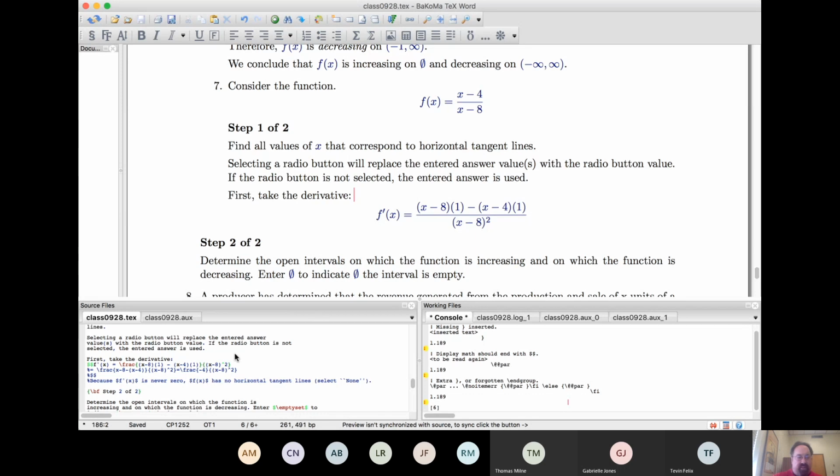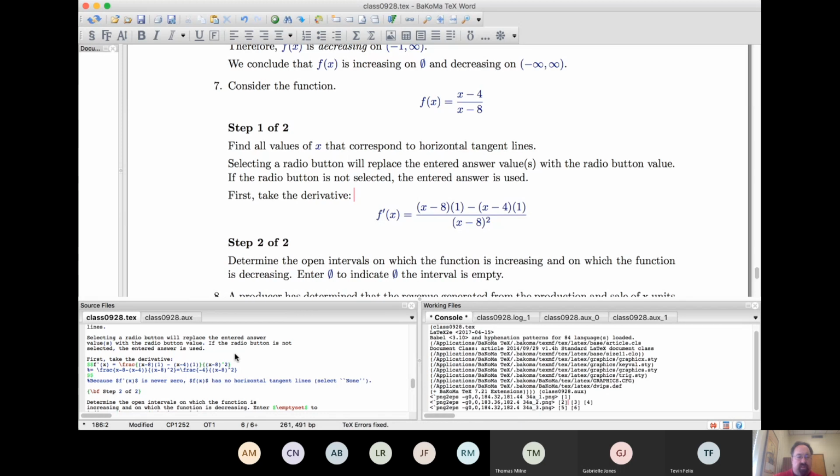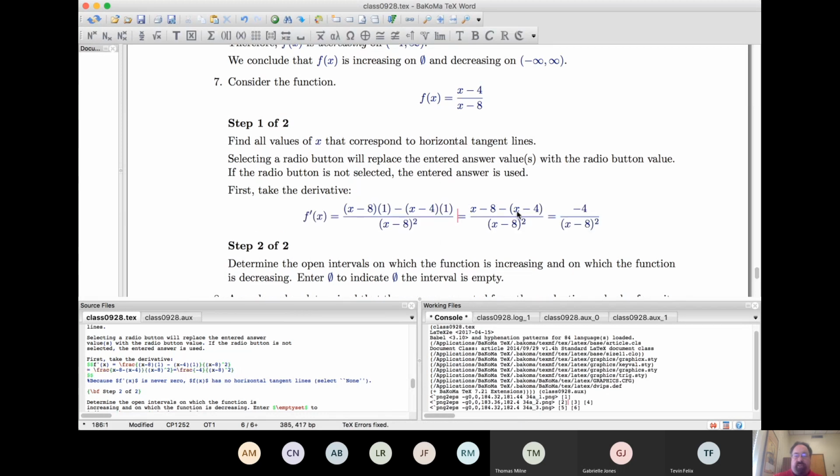So then we want to simplify that as much as possible. So we have x and minus x, those will cancel. Then we'll get -8 minus a -4, so -8 plus 4. And this is what we get.